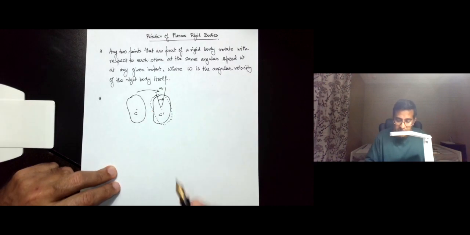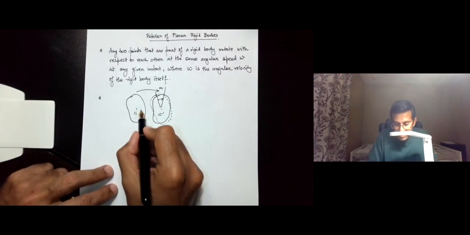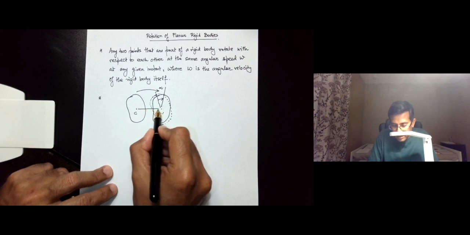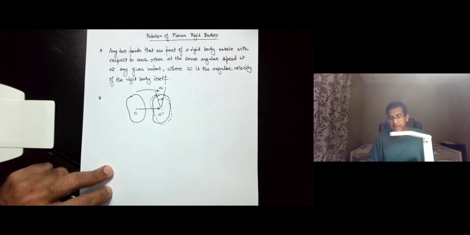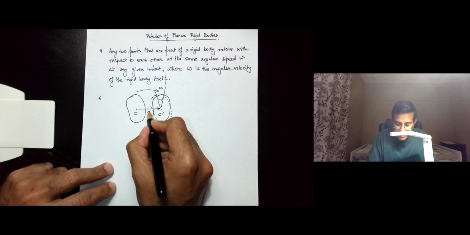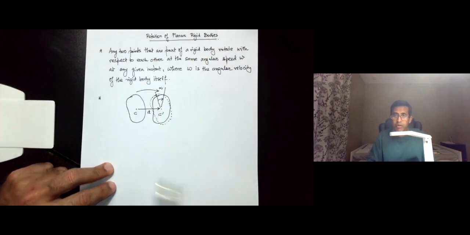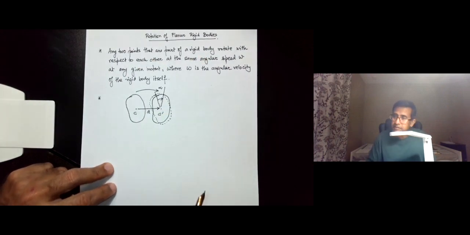Let's say that small angle is alpha. So you could say that the center translated by a distance d and then rotated by an angle alpha.